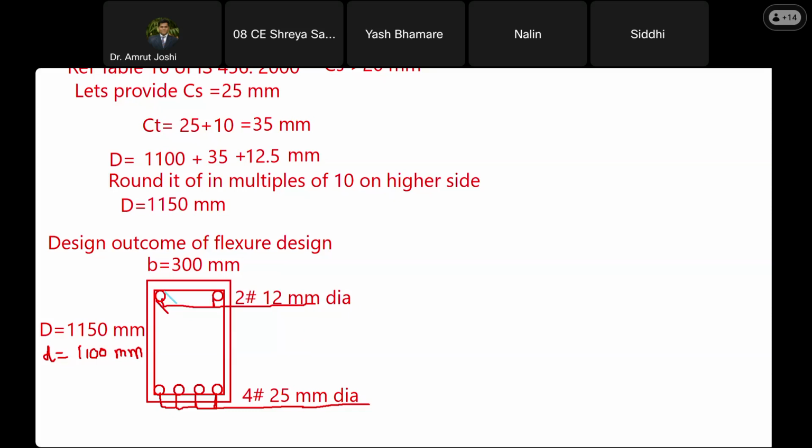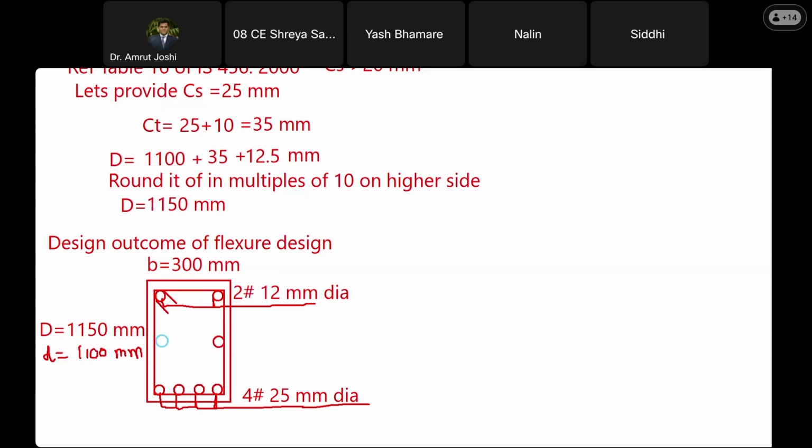Yes, sir. But now we have not decided the bar diameter of the shear reinforcement and the spacing at which we are going to provide these loops or hoops, stirrups. Those we have to design, and we are also going to have something called side face reinforcement because the depth of the beam is very large. So we are going to have these bars placed somewhere here.